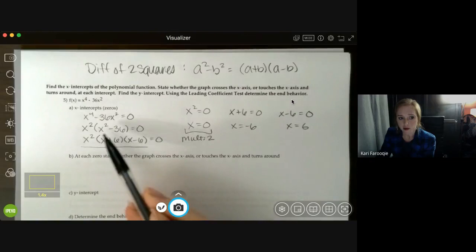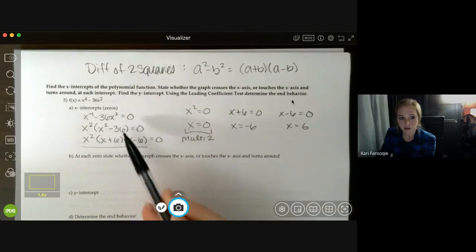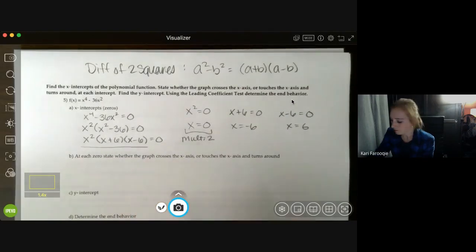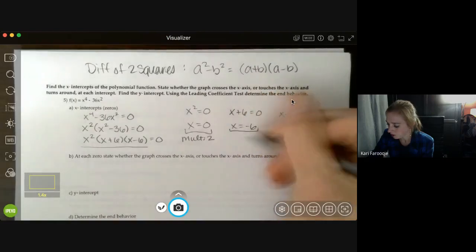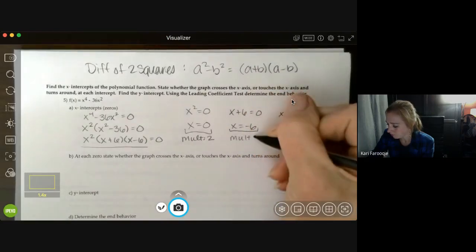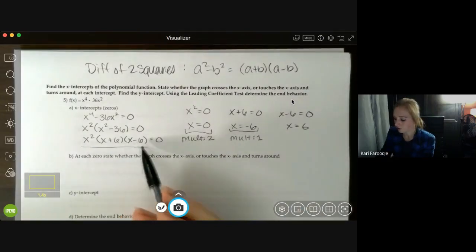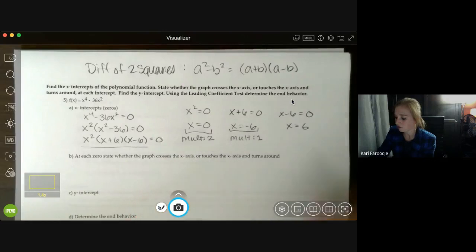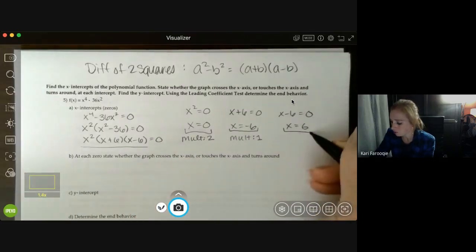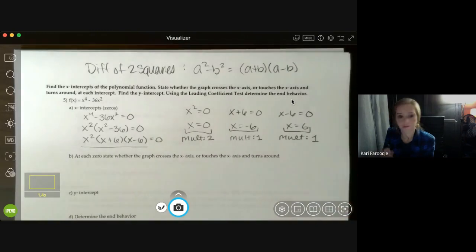There's no exponent on it other than 1. The 1 is not shown, but it's there. So your multiplicity is 1. Same for your factor of x minus 6. So your factor of x minus 6 gave you the 0, x equals 6. And the multiplicity is 1.